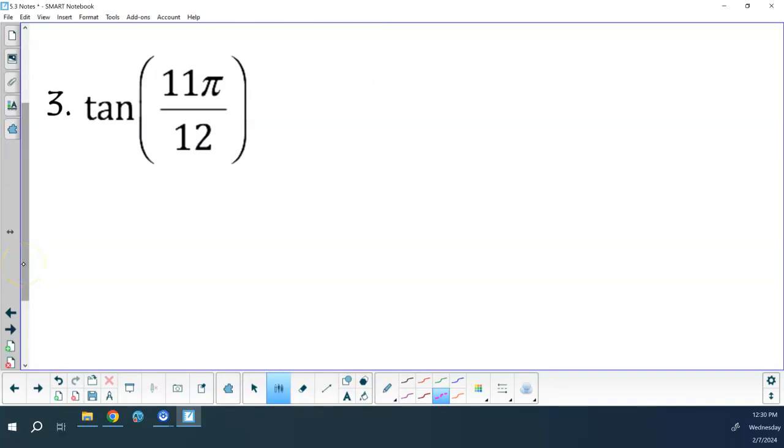So again, we're thinking 11 pi over 12. I need a combination of two angles, and it gives me 11 pi over 12. Both of them have to be on the unit circle.